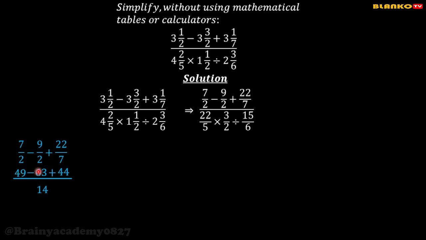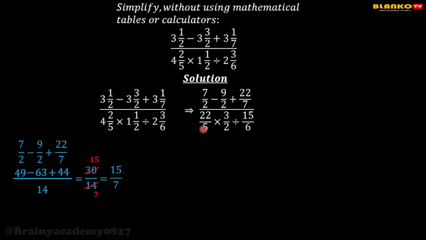So 49 minus 63 plus 44 gives us 30 over 14. Cancelling by 2, 14 becomes 7 and 30 becomes 15. So we have 15 over 7. Simplifying the top part, we got 15 over 7.